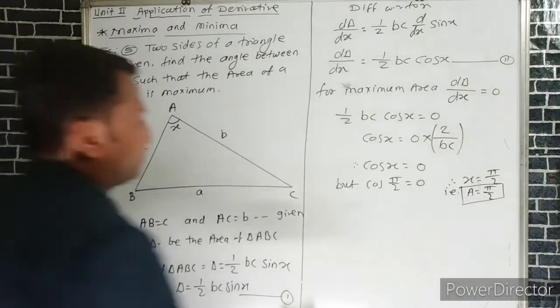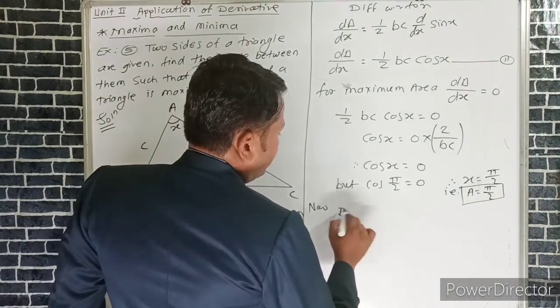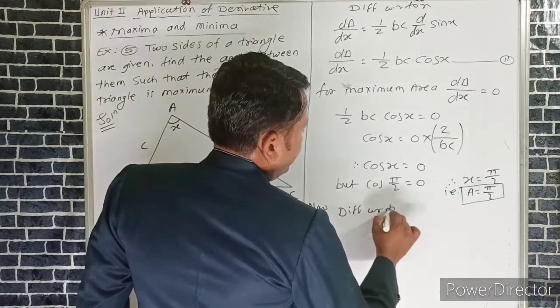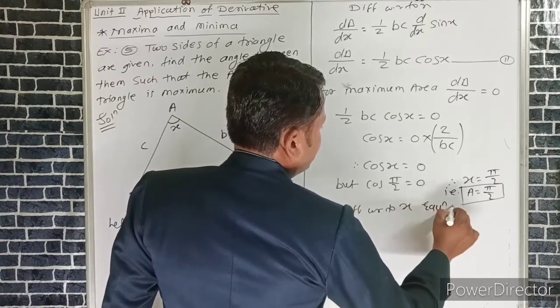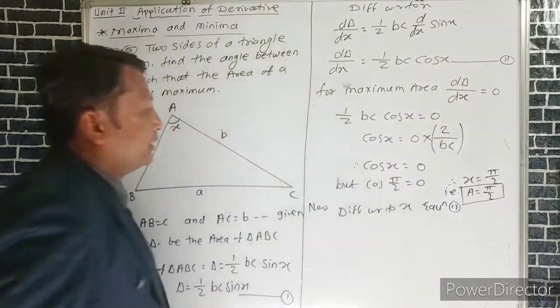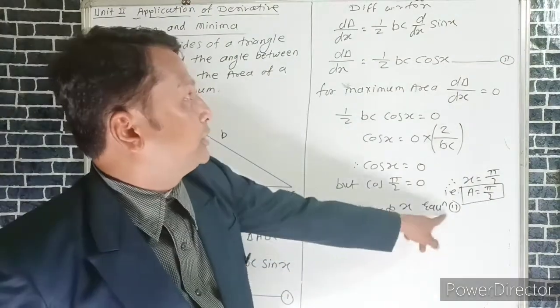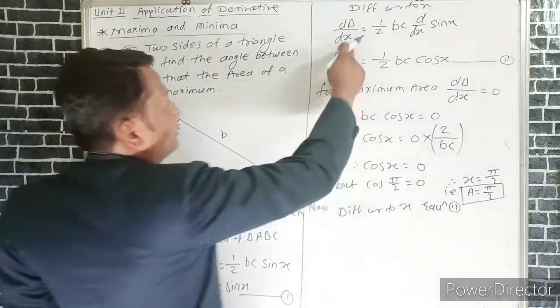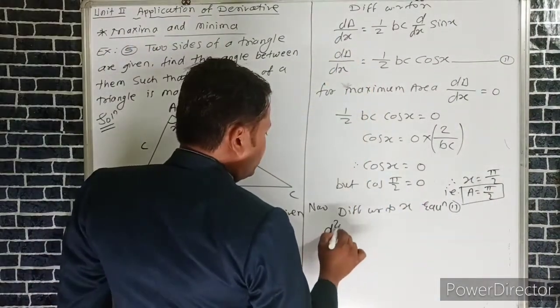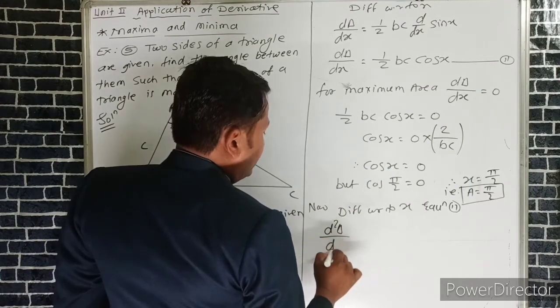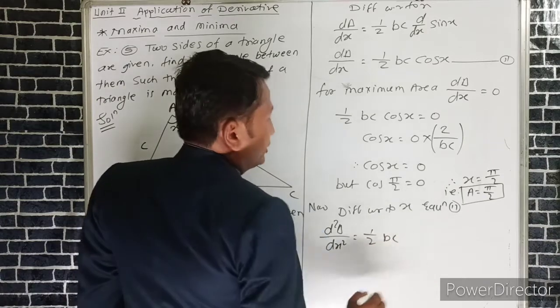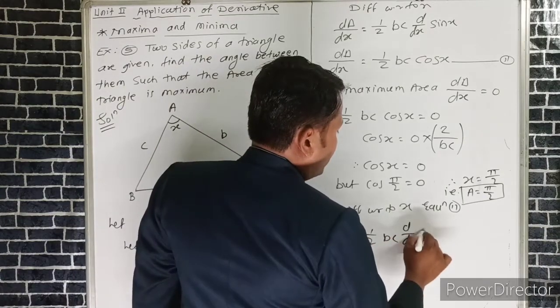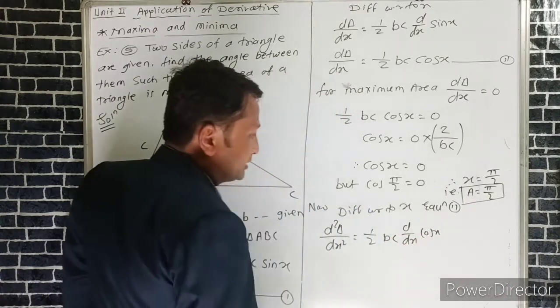Now differentiate equation 2 with respect to x. Then we get the second order derivative, d2 del upon dx square, equals 1 by 2 bc into the derivative of cos x, and the derivative of cos x is minus sin x.